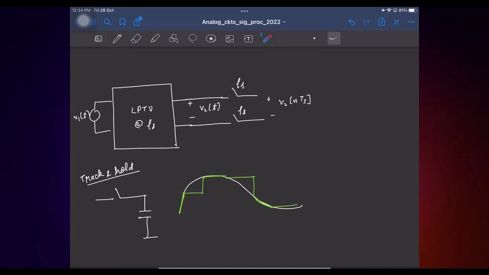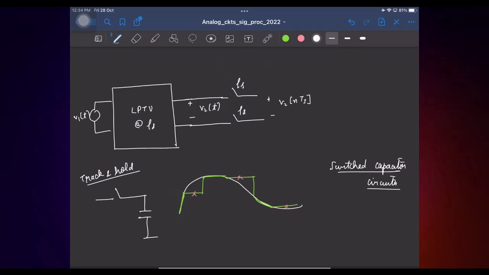You are only interested in the voltage at the end of the track phase. So you can take the sample anywhere here. And not just this, if you have switch capacitor circuits where you are interested not in the continuous time signal, but only at the samples.